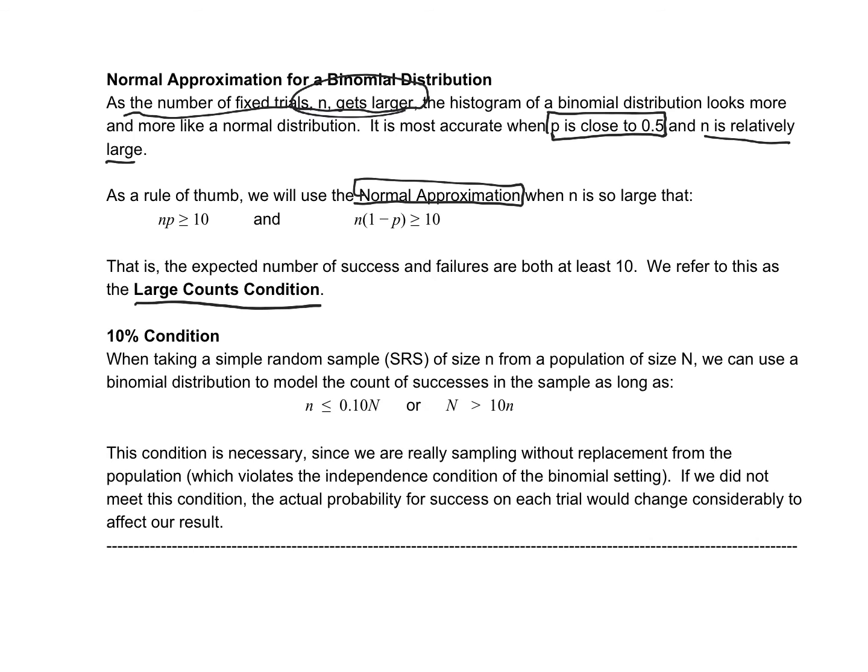The large counts condition says if we take np and it's greater than or equal to 10, and, notice it says and, not or, n times 1 minus p is greater than or equal to 10, then we can consider this to be normal. And if it's normal, then we can treat it as a regular normal distribution. Normal CDF, normal PDF, all that kind of stuff, all right? So we don't have to worry about it being binomial. We couldn't do that with our one question, could we? No.